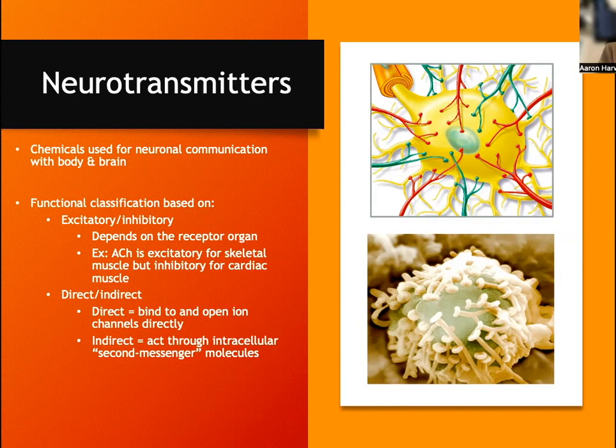For example, acetylcholine, ACh, is excitatory for the skeletal muscle, as we've talked about, but it's actually inhibitory for the cardiac muscle. And then direct or indirect: does it directly bind to the open ion channels, or does it act through an intracellular second messenger?